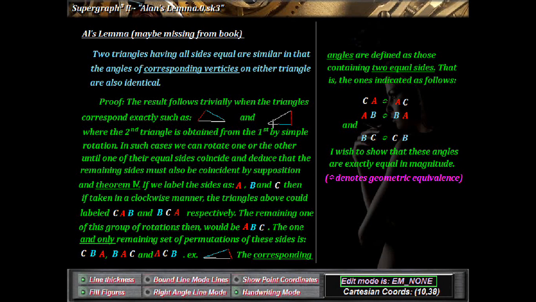Then this one would be blue BCA, and these are rotations. These correspond to rotations of the same object. There are three possible ways of labeling through rotating, and there is one remaining one which isn't indicated as a picture, but that would be the one that has the red on the bottom.